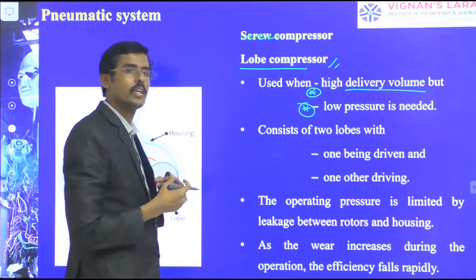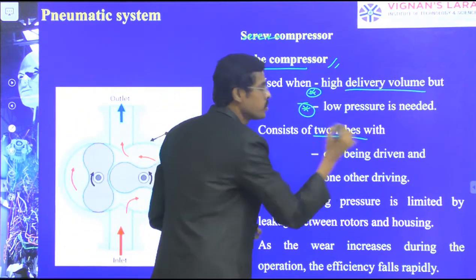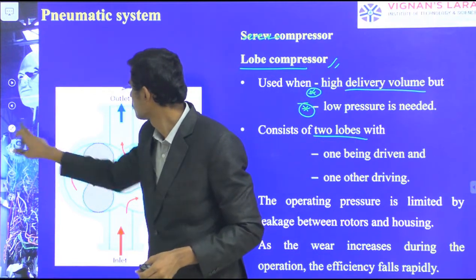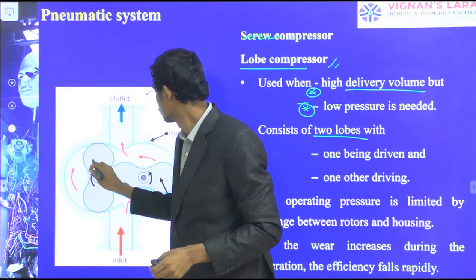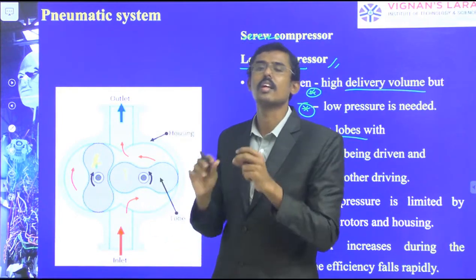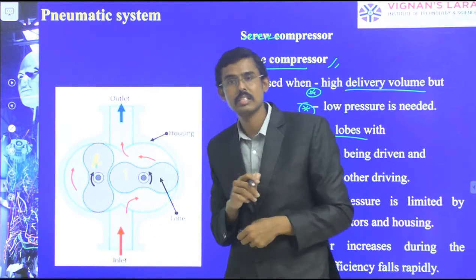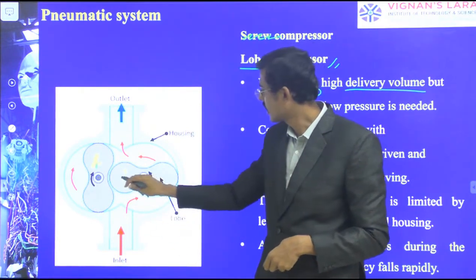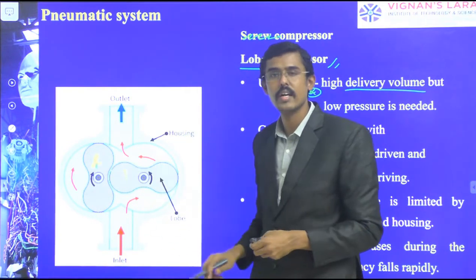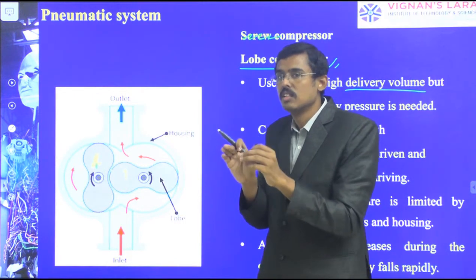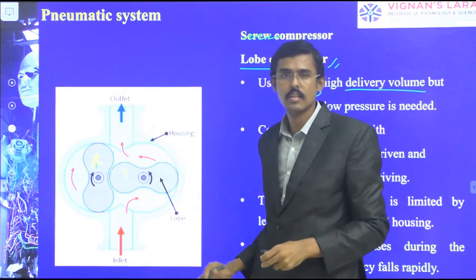What is the arrangement? It contains two lobes. This is one, and this is one, so there are two. What happens? Here the inlet is coming. It cannot pass straight through, because the lobes are tightly bonded and do not permit the flow to go straight.